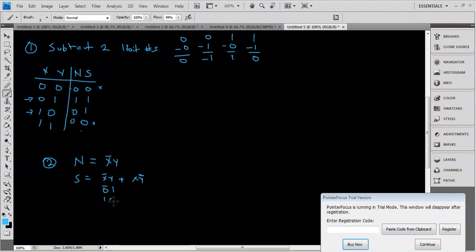And as we learned, 1 and 1 equals 1. And over here, X, when Y is a 0, but the 0 gets flipped to a 1. So when X is 1 and Y is 1, 1 and 1 is equal to 1. So, 1 or 1, remember there's an or connecting, is also equal to 1.